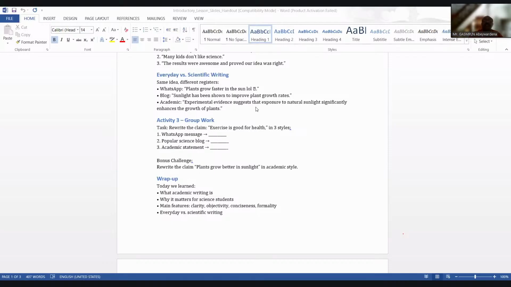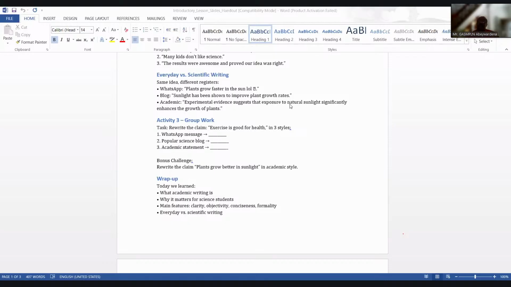Experimental evidence suggests that exposure to natural sunlight significantly enhances the growth of plants.